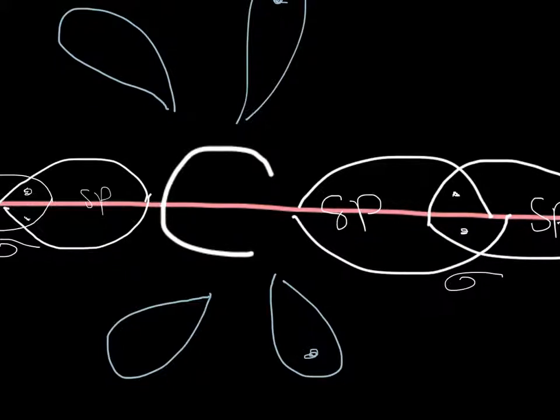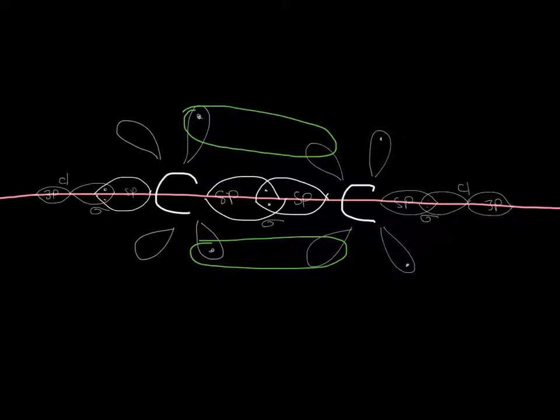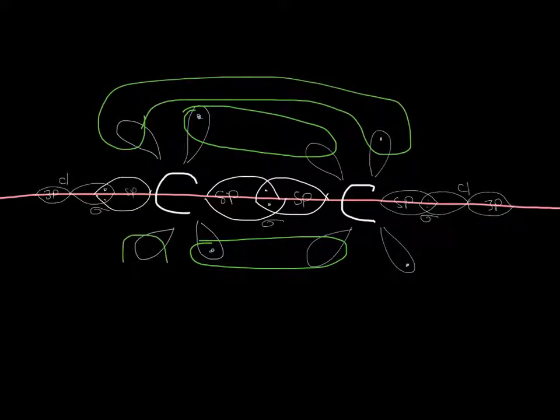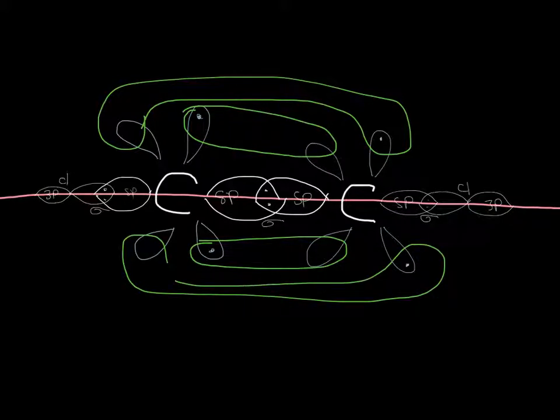I'm going to do the same for the other side. Now that we've done that, we can just go ahead and overlap them, since that is the way that they bond. And we're also going to go ahead and label them.